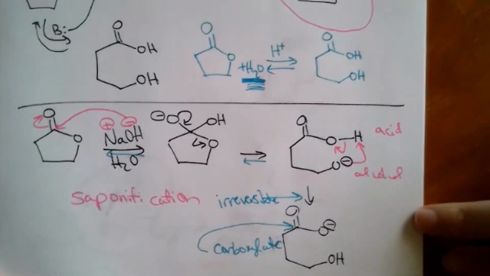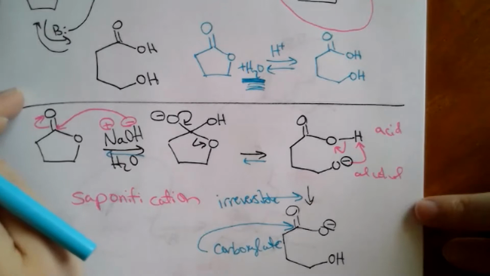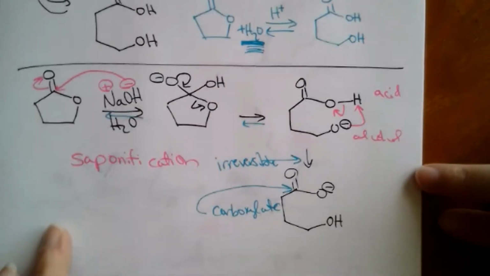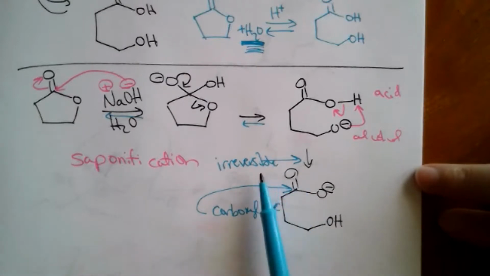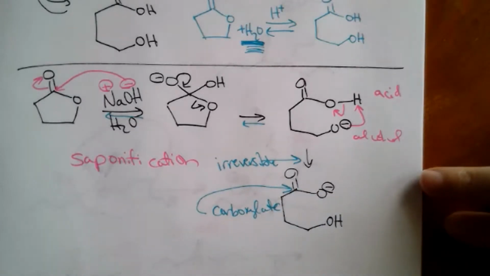So if you compare hydrolysis in acid and base, hydrolysis in acid is a totally equilibrium process, and you can favor one side or the other by manipulation of your conditions. Hydrolysis in base is said to be an irreversible process because this last proton transfer step is an irreversible step.